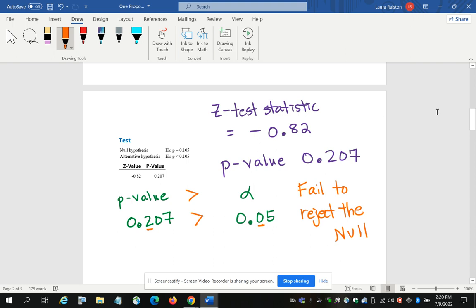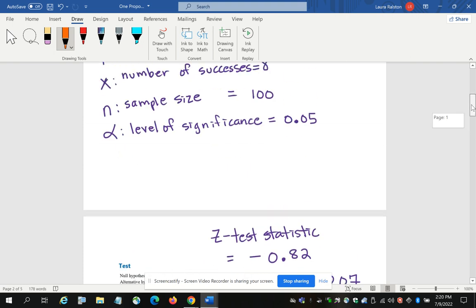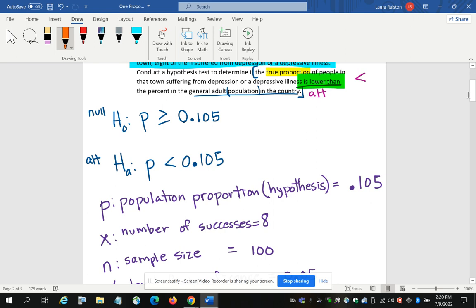If I fail to reject the null, let me go back up here to our null and alternative hypothesis. If I fail to reject the null, that means the null is true and the alternative is false. Okay? So, what that tells us is that the true proportion of people of that town suffering from a depression or a depressive illness is not lower than.